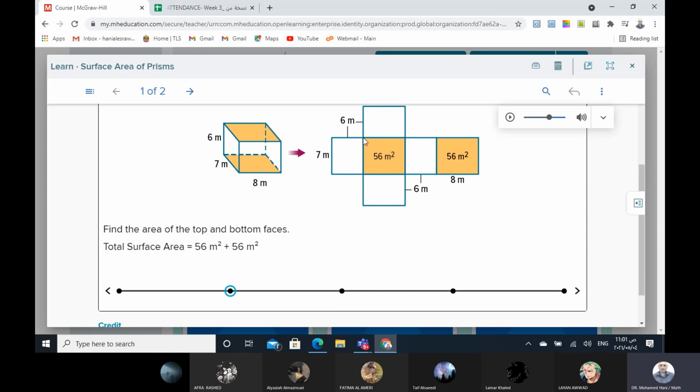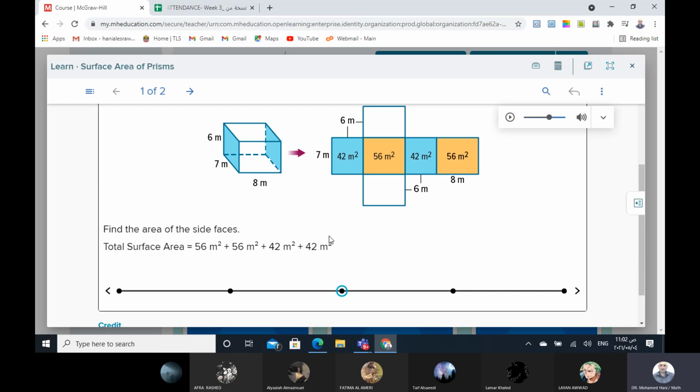Because here we have 8 and here we have 7. And the area of the rectangle is length times width, 8 times 7, 56. We have here 56 and we have here 56. Then we have here 42. Why 42? Here we have 7 and 6. 7 times 6 will be 42.